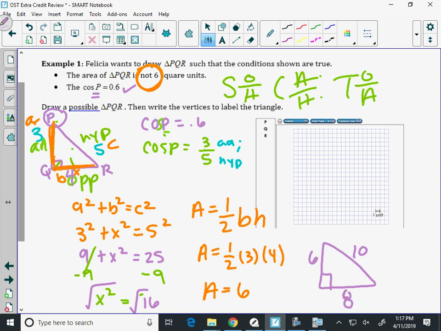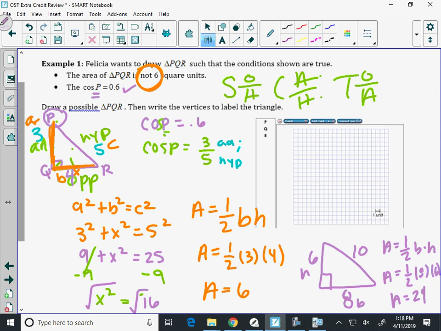So now when we find the area, just to double check, 1/2 base times height. My base of my triangle is 8, my height is 6. So 1/2 times 8 times 6 is 24. Okay, so now my area is not 6.